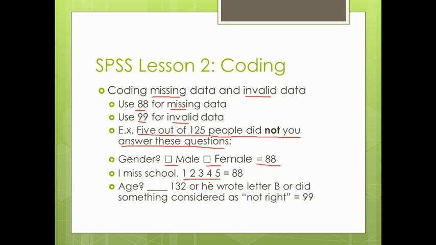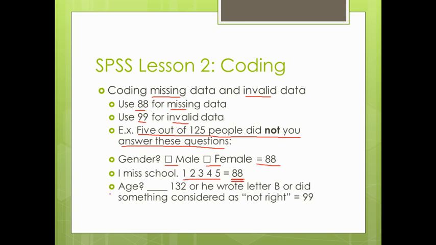So we conceptualize such data as missing data. So we're going to code 88 for all 5 respondents who fail to circle the answer. We're going to code 88 and enter 88 into the Excel program again.